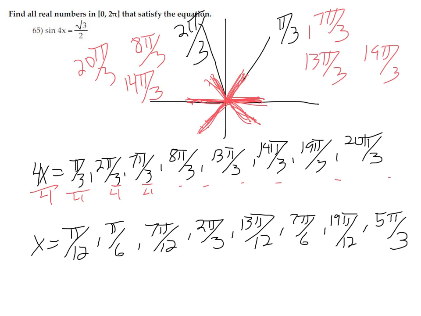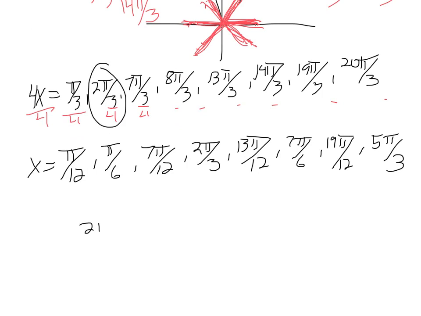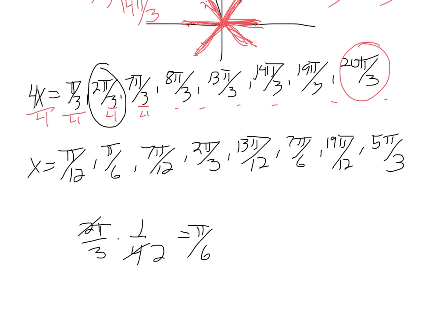Now, as an example for how I was computing some of these, I was doing them in my head, but if you were to take this one, 2 pi thirds times 1/4, reduce, that is pi over 6. Or this one, that's 20 pi thirds times 1/4, 5 pi thirds.